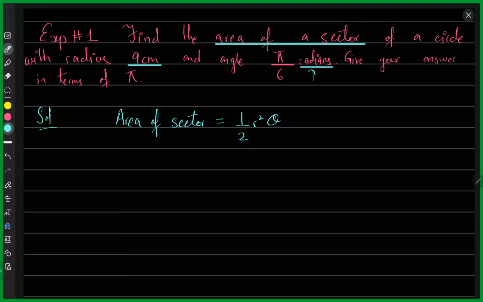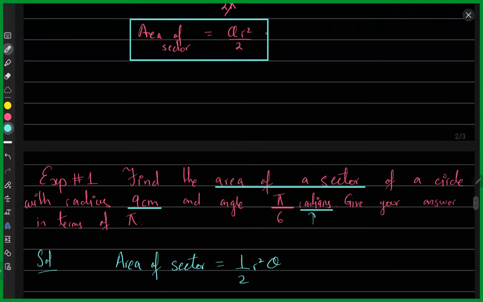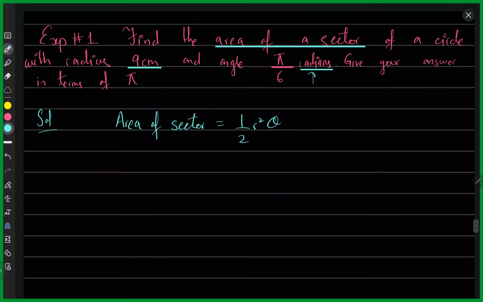I've just written the same formula in a different format. Now I'm going to plug in the values of theta and radius: 9 squared and pi by 6.